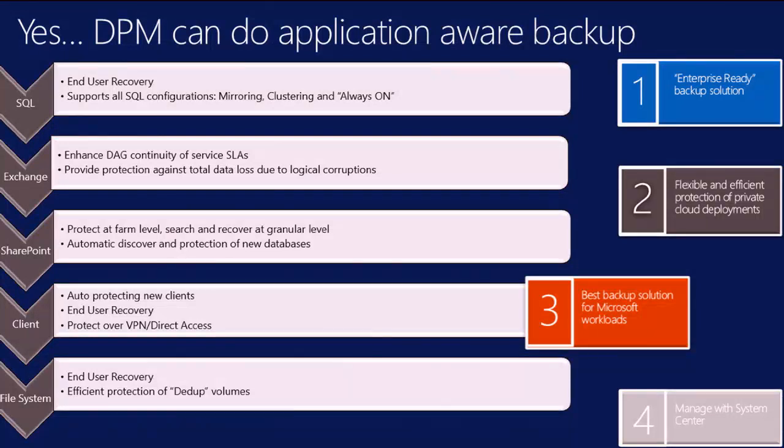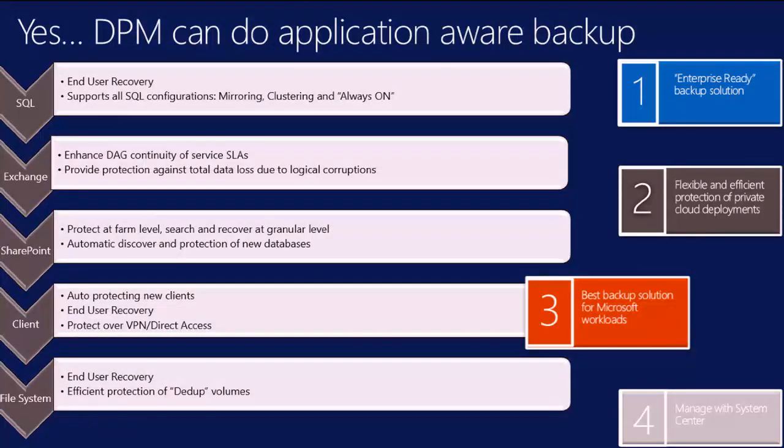So let's say you deploy two DPM servers, and both of them have 2,000 load balanced. Let's say another client comes in. There's an automatic algorithm where we'll automatically say, the first DPM server is lower in number, so let me go and protect this client into DPM server one. All of this is done automatically.